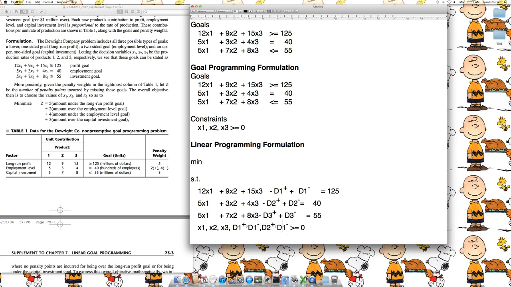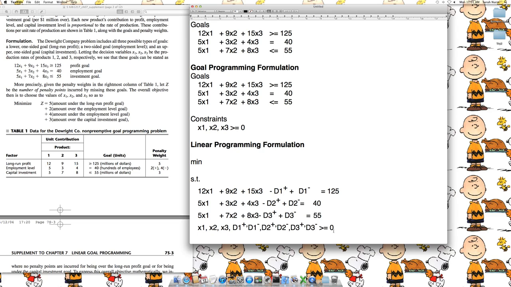So these are going to be 2, and then I want for 3. So I'm forcing all of my variables. So I essentially have added 6 new variables, these D ones, which assume a certain value depending on how much I deviate from the goals. And they all need to be greater than or equal to 0.